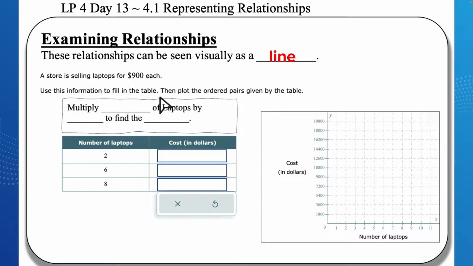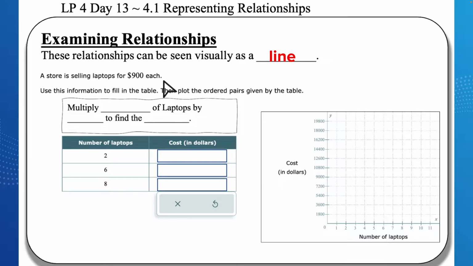With this one, we have a store selling laptops for $900 each. Use this information to fill in the table, then plot the ordered pairs given by the table. That's not a lot of information, but it's enough information. I know what a starting point would be.